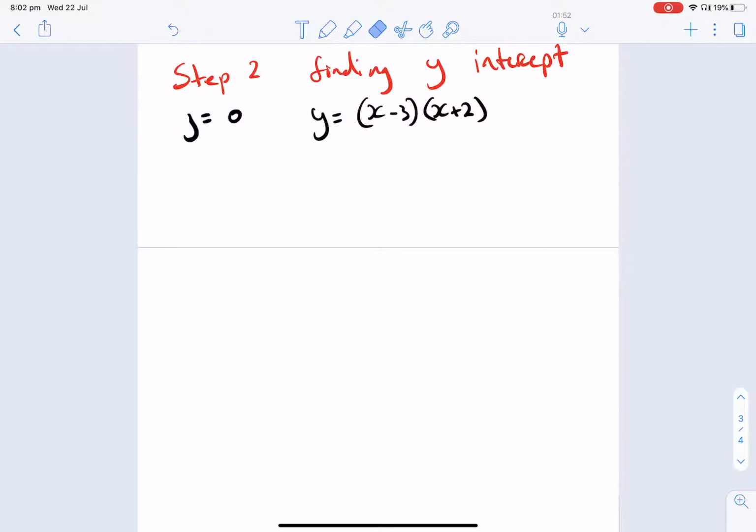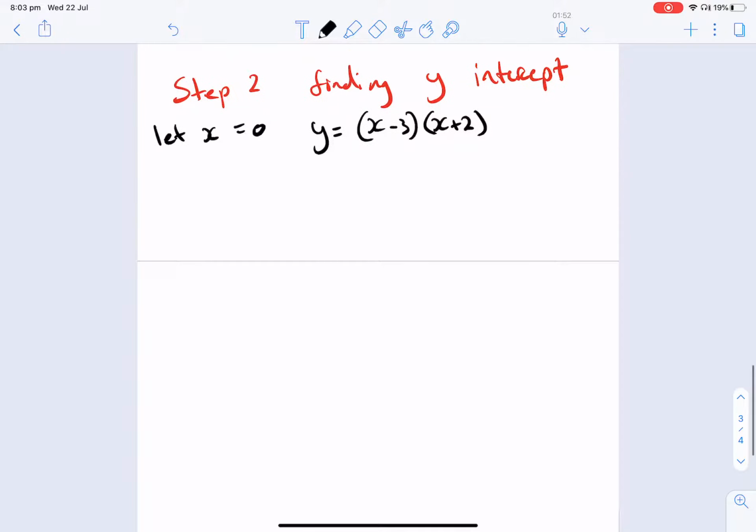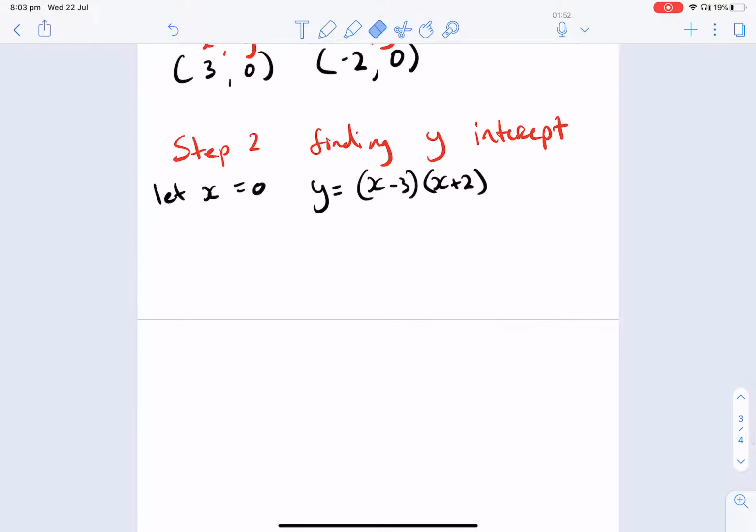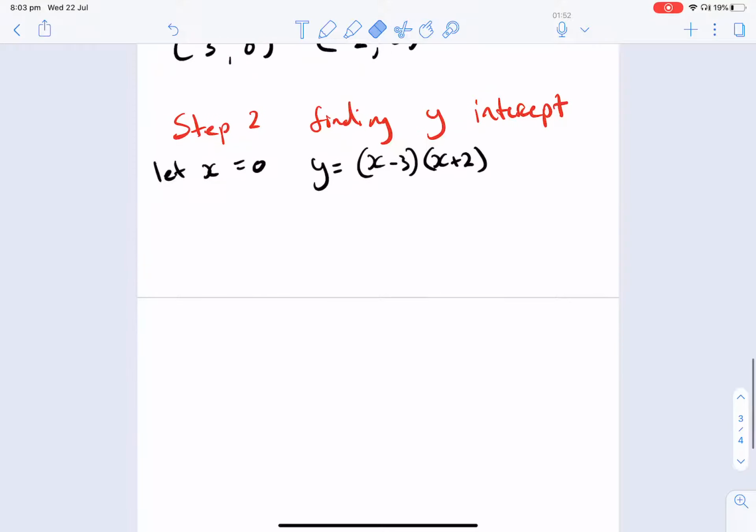Apologies, I messed that up. We're going to let x equal 0, because at our y-intercept, our x value is 0. Apologies about that. So we sub into our equation to find out what y is.